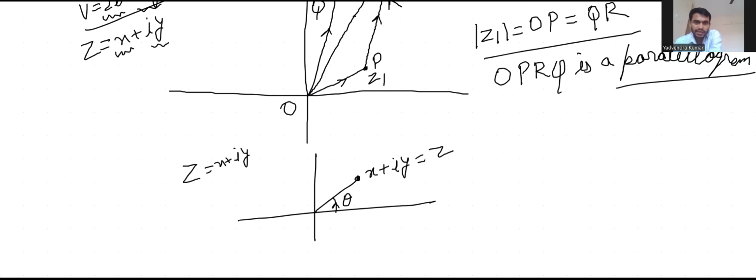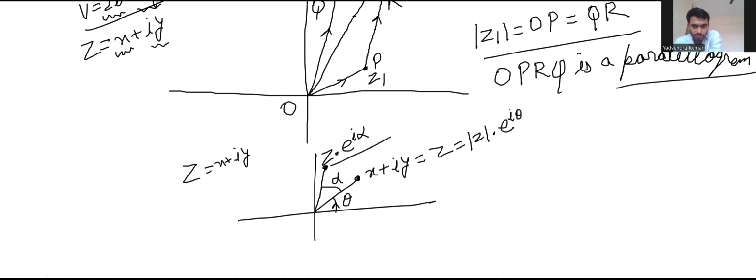So if you multiply Z by e to the power iota alpha, then it will rotate by alpha, right? So here, if this angle is alpha, then this point is going to be Z into e to the power iota alpha. How? Because Z is also modulus of Z e to the power iota theta.